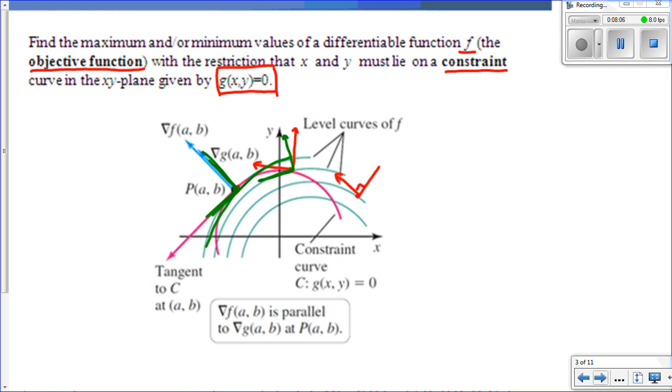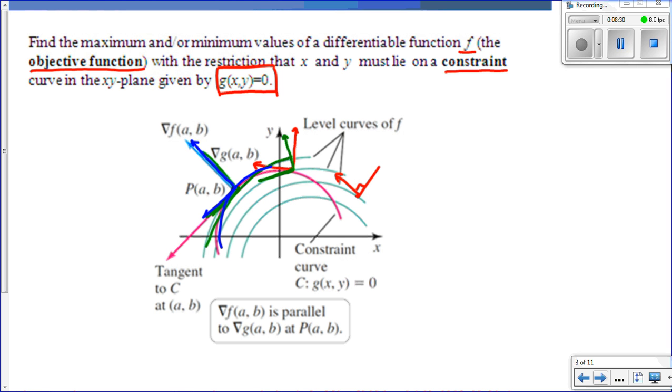Now let's change our focus to the constraint. The constraint is the one in red, going like this. The tangent vector at that point would be here, and the gradient is here. Notice that those gradients are going in the same direction. That will be the difference in every other point on that constraint.